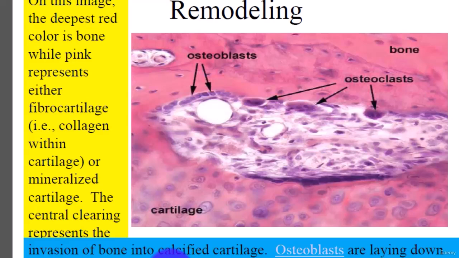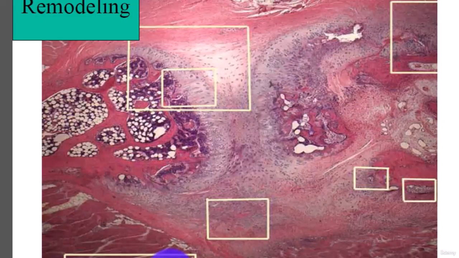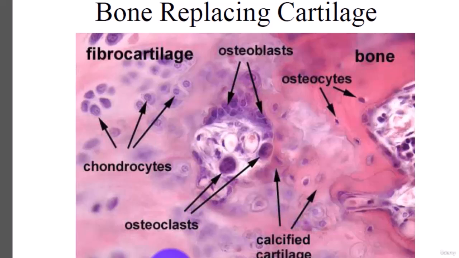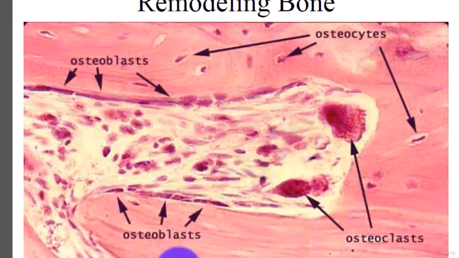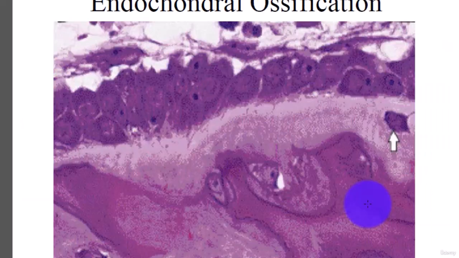Osteoclasts are removing previously formed bone. Remodeling. Bone replacing cartilage. This is fibrocartilage. Calcified cartilage, osteoclast. Remodeling bone. This is the bone matrix.